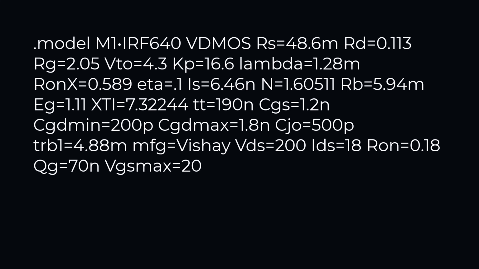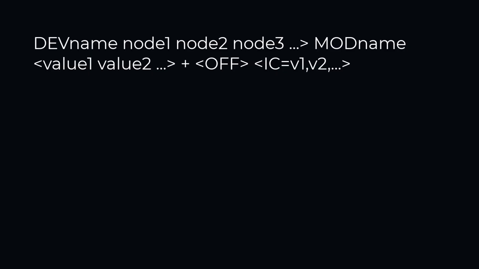Unlike simpler elements, semiconductor devices are defined by complex nonlinear equations characterized by a large number of parameters. These parameters are specified in a model statement. The general format for defining a semiconductor device in SPICE is like this. The device name, dev name, starts with a specific letter that identifies the type of component.